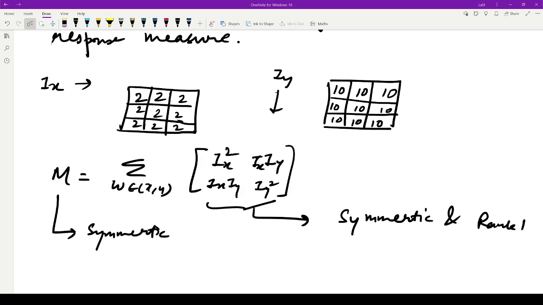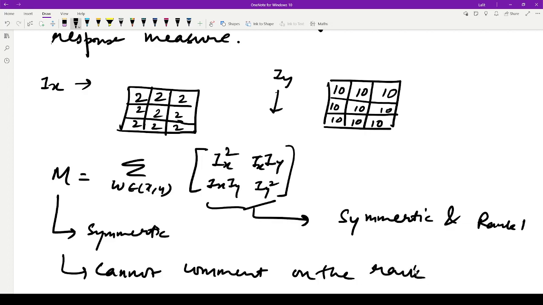The rank can be greater than or equal to 1. Maybe it can also be less than 1. I should not say this specifically, but you cannot comment on the rank. It depends on the values.